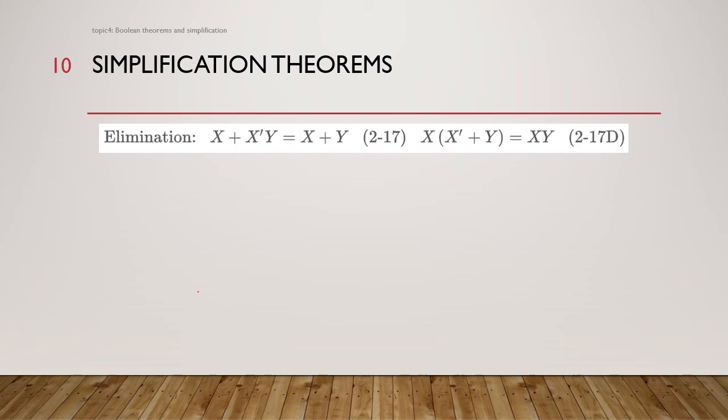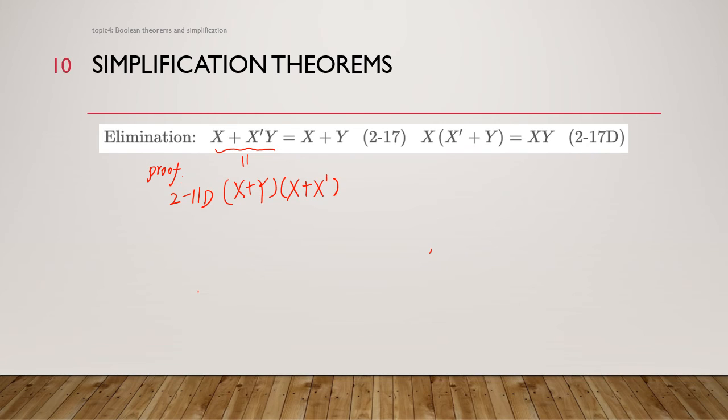Next theorem is called elimination. To prove this one, it's a little bit more tricky. What we do is first apply the theorem we learned before, which is the dual of 2-11, the distributive theorem. Then for the expression in this format, this is equal to (x or y) and (x or x prime).